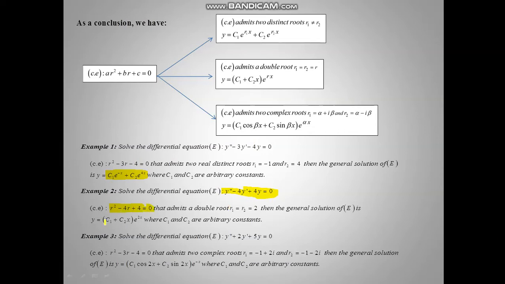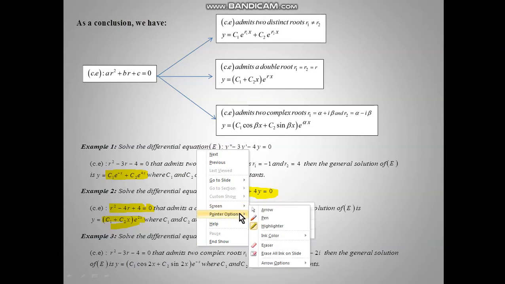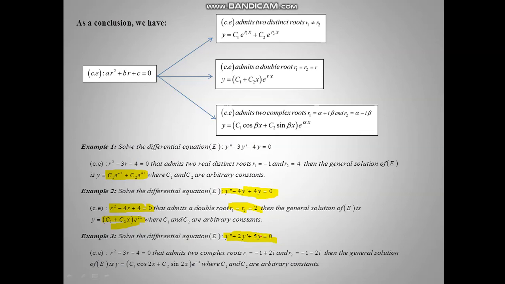This characteristic equation has a double root, r1 equals r2 equals 2, and the general solution will be c1 plus c2 x, times e to the rx, so e to the 2x. In the previous one, I have a small mistake in the characteristic equation, because it will be r squared plus 2r plus 5 equal to 0, not r squared minus 3r minus 4 as this one.